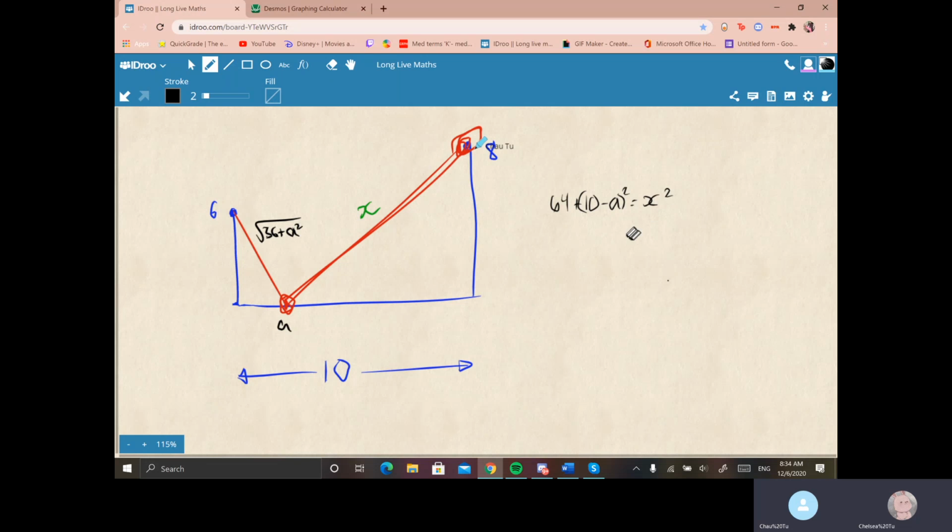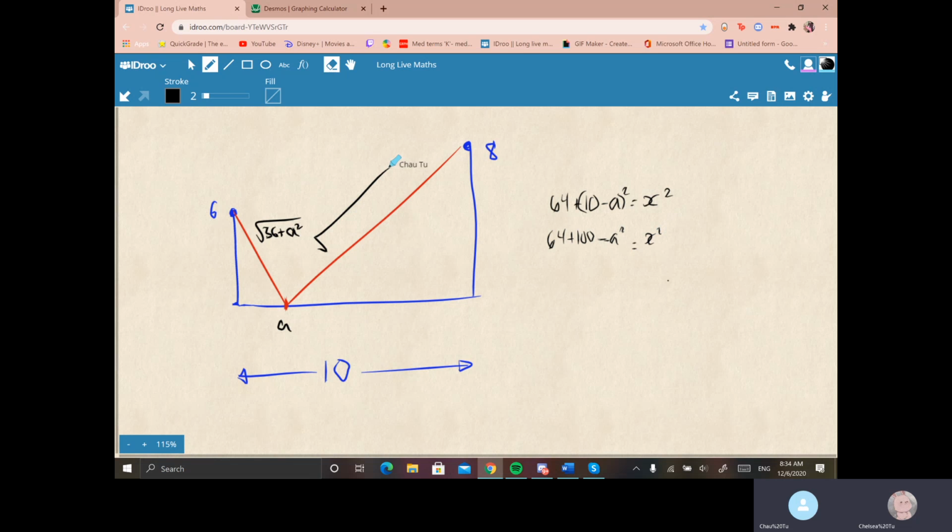Cool. Okay, good. And then you square root it. Yeah. So it would be this thing here. Square root. Oh, wait there.